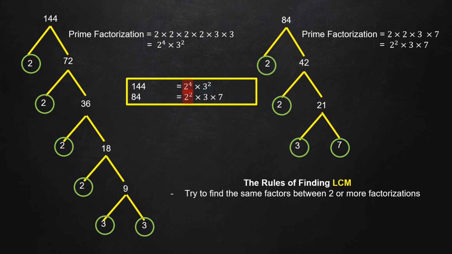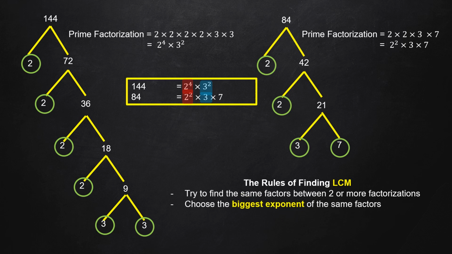We know 2 to the power 4 is the same base as 2 to the power 2 or 2 squared, and 3 squared with 3. You must compare the numbers here, not the exponent, but the numbers. So find the same factor. So 2 with 2, 3 with 3. And how about the 7 here? We just leave it first because it doesn't have any pair, so let's move on.